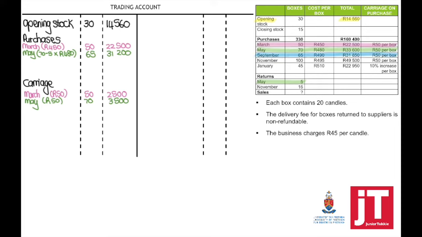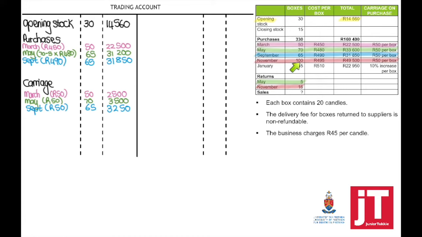For September, there were no returns with regards to September, so the number of units purchased or boxes was 65 times 490, and the carriage is 50 per box, so 65 times 50. For November, there were returns for November.